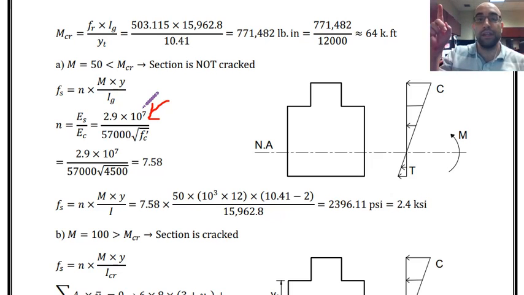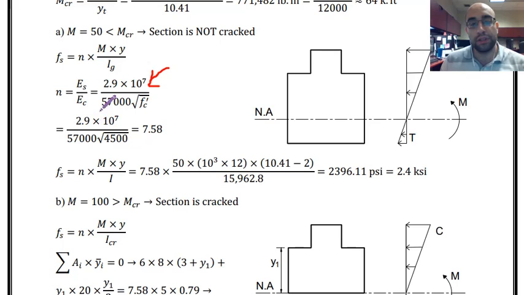Young modulus is the same regardless of different grades or strength values. So 2.9 multiplied by 10 to the power 7 psi is the Young modulus of steel. Young modulus of concrete is 57,000 multiplied by square root of f prime c. We learned about it in the first chapter. Putting f prime c, we can see n is equal to 7.58.